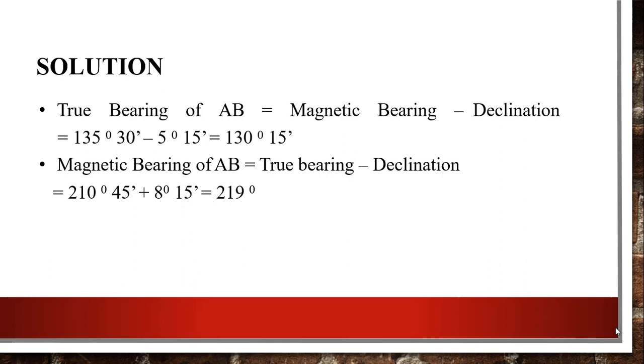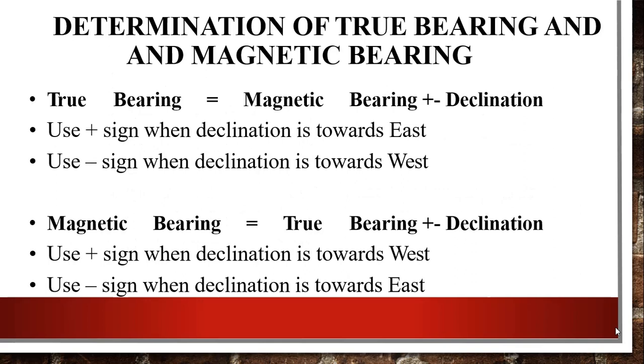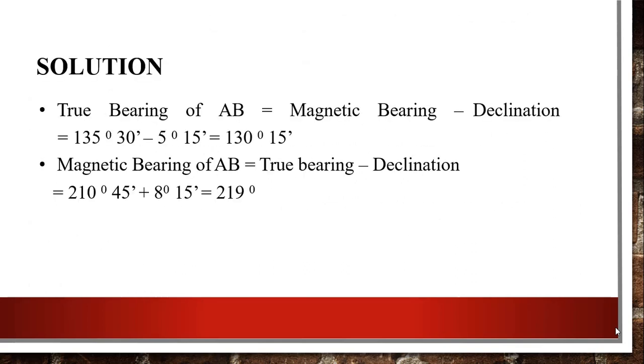Similarly, for getting the magnetic bearing of AB, again in this case the declination is in west, right? So you have to add the plus sign here. So 210 degree 45 minutes plus 8 degree 15 minutes, you will get the value of magnetic bearing as 219 degree.